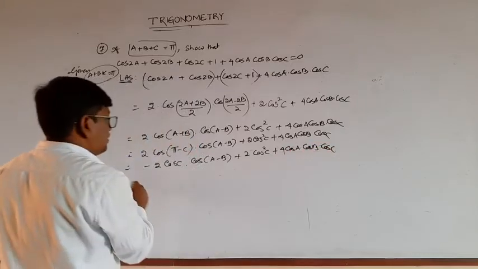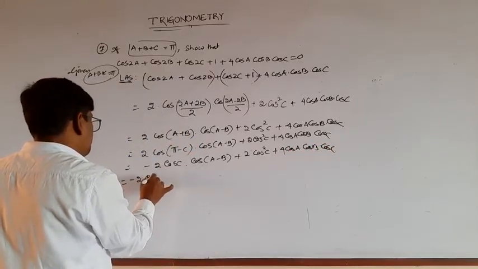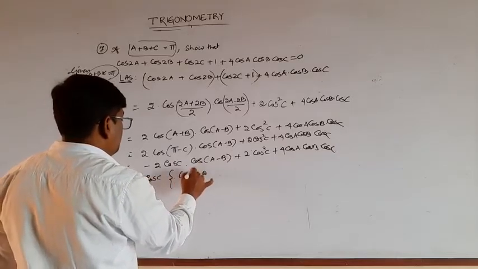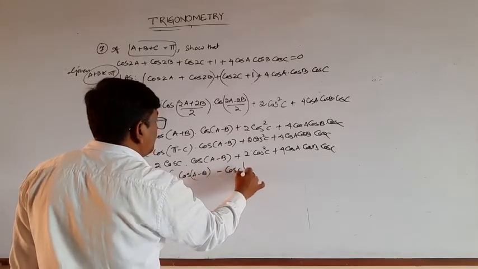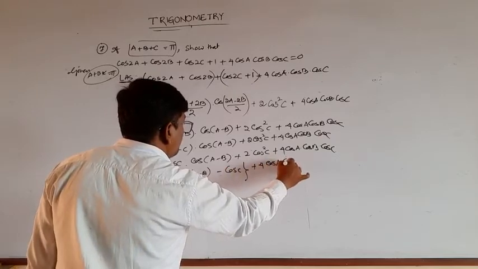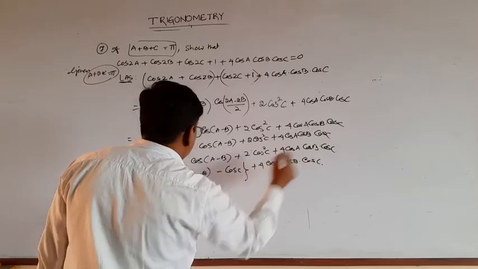Now take common minus 2 cos c. So this is cos (a minus b) minus cos c plus 4 cos a into cos b into cos c.